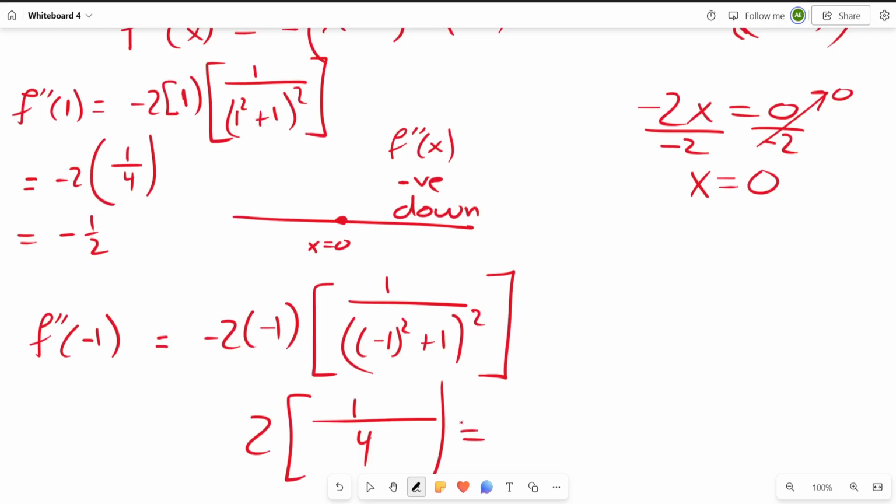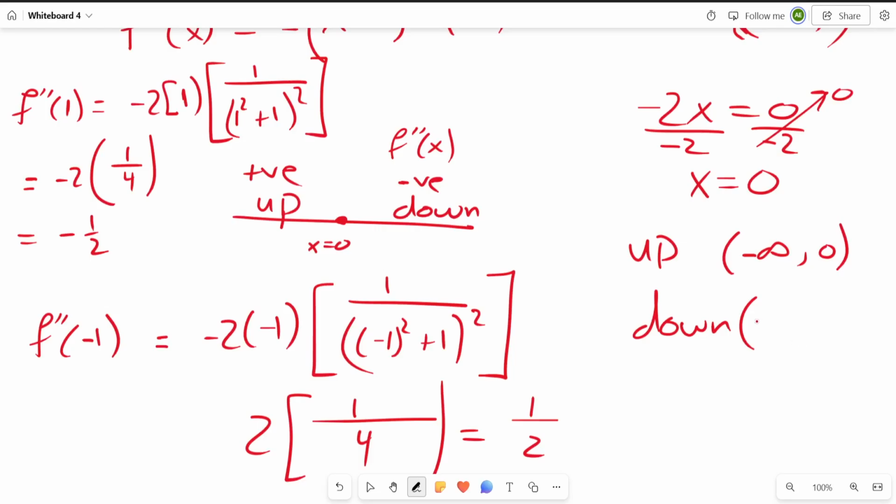So this gives me an answer of 1 over 2, a positive answer. So in this interval, f double dash of x is positive and it's concave up. Writing down the intervals: when it's concave up, the interval is from negative infinity up to 0, and when it's concave down, the interval is from 0 to positive infinity.